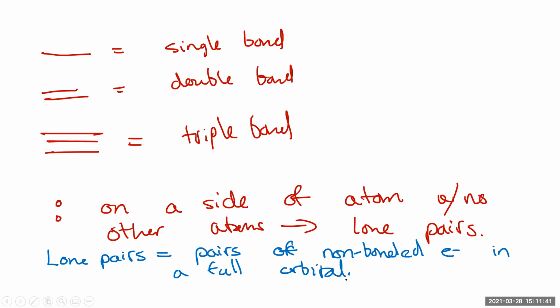So you have a pair of electrons that exist in a valence orbital of an atom that are not involved in the bond.